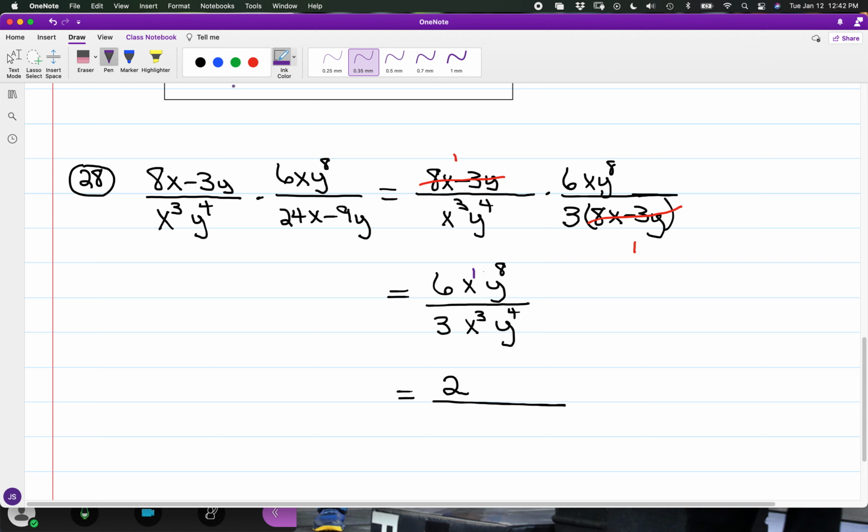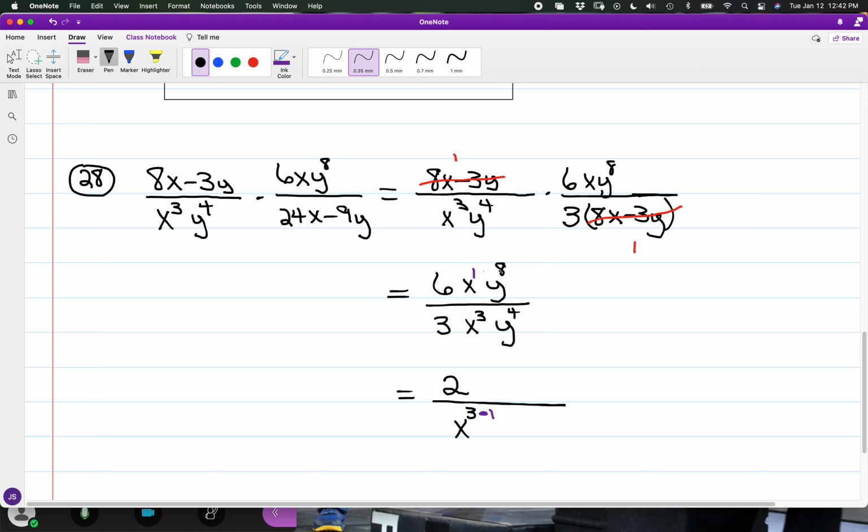Notice that the degree in x is higher in the denominator than in the numerator, so x will be in the denominator. So we have x raised to the 3 minus 1 in the denominator. You take the lower power away from the higher power, and the variable is located where the higher degree term is situated.